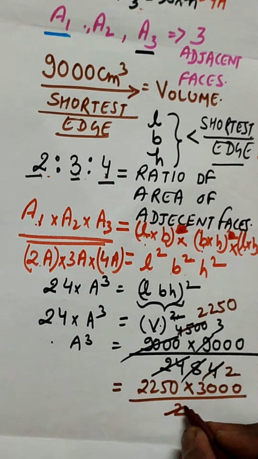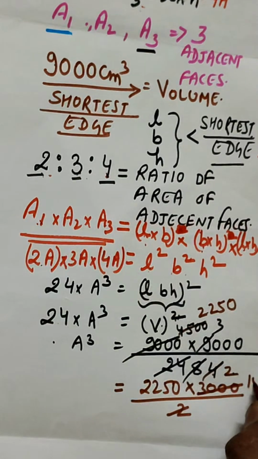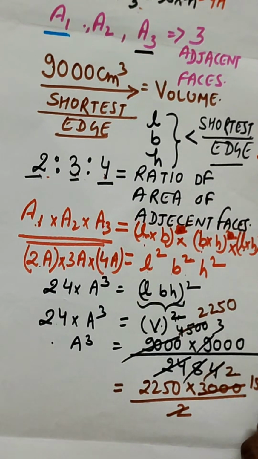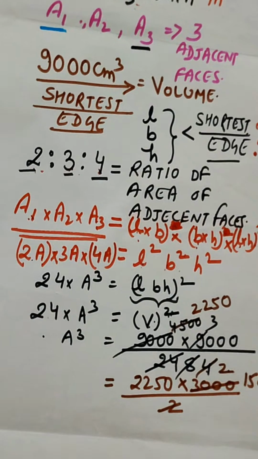From 2 you can cut this 3000 into 1500, 1500 times, right?